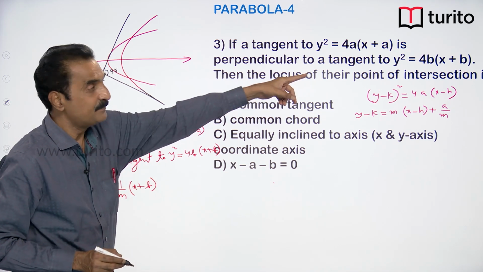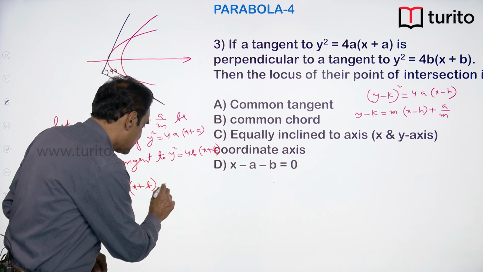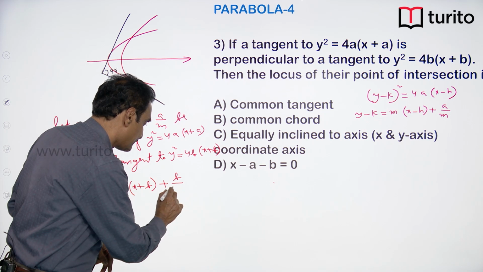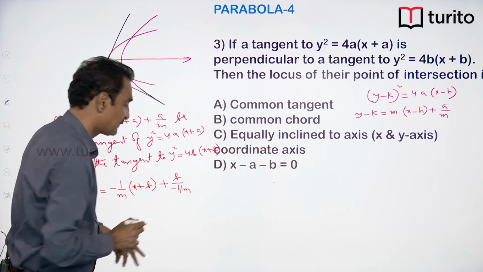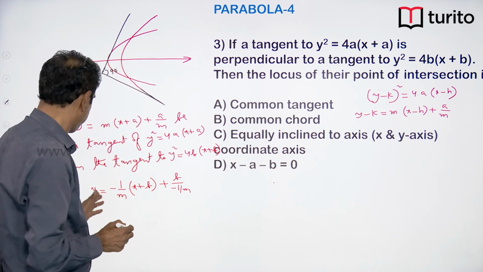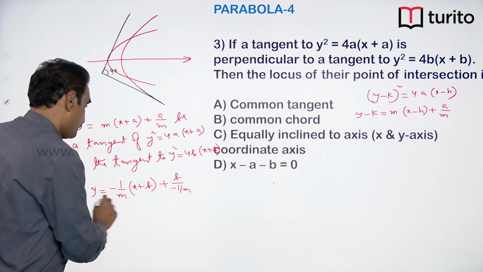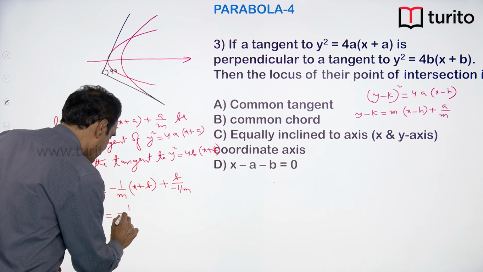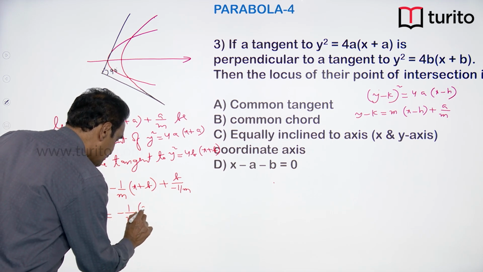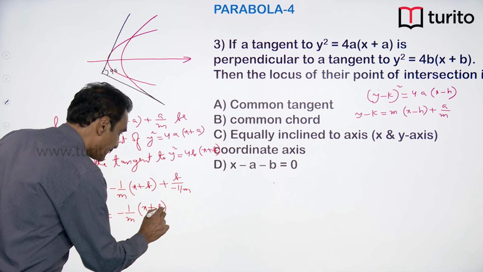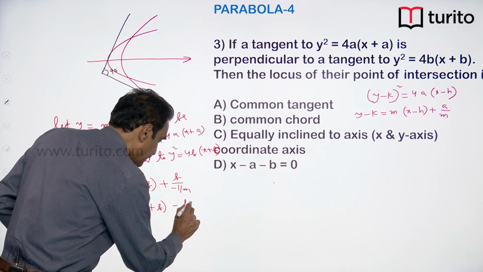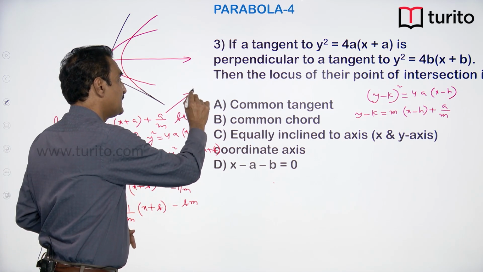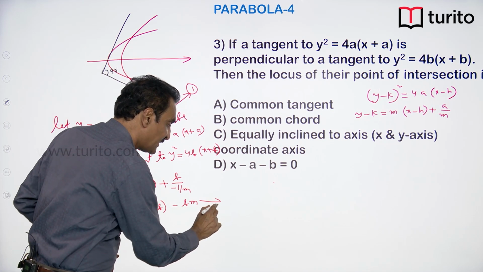Here a is b, so plus b by (minus 1 by m). Then what will you get? y is equal to minus 1 by m into (x plus b) minus bm. This is equation 1, this is equation 2.